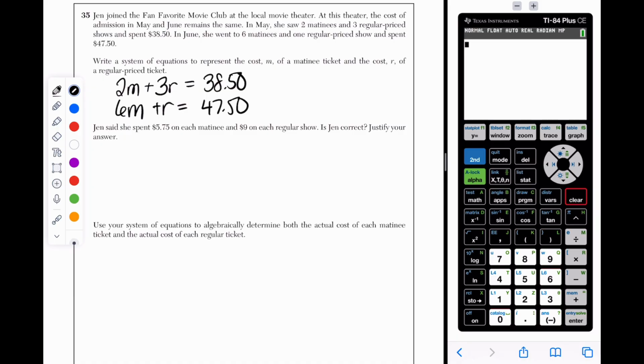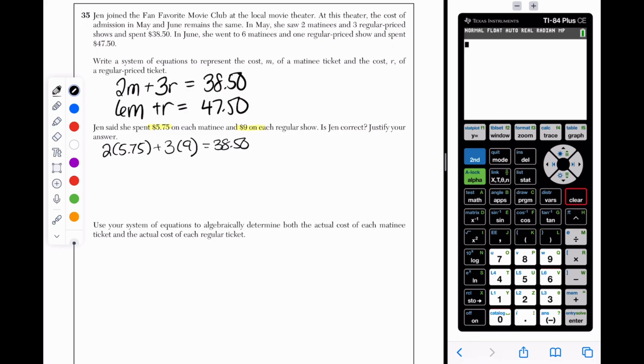In the second part, they're going to ask me: she said she spent $5.75 on each matinee and $9 on each regular movie. Is she correct? We need to justify that. So what we're going to do is substitute and figure out if this would be true. For the matinee, I'm just going to substitute the $5.75 for M. So 2 times 5.75 plus 3 times 9, because that's how much the regular ticket is, equals $38.50?